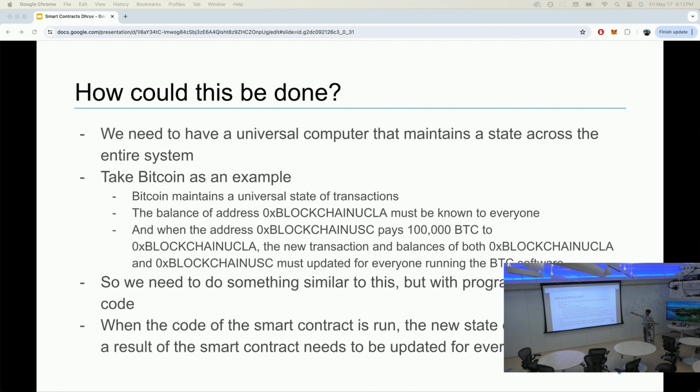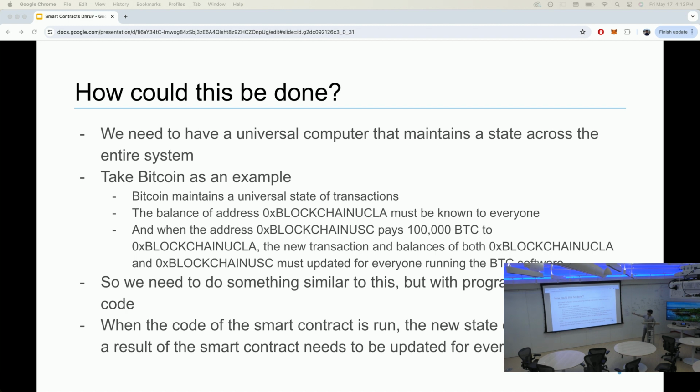In the example of Bitcoin, how much money Blockchain at UCLA has in this account must be known to everyone, right? Because when the Blockchain at UCLA address wants to pay someone, everyone else must know that Blockchain at UCLA has enough money to carry out that payment. Similarly, if Blockchain at USC pays Blockchain at UCLA, the new transaction and the updated values must be updated for everyone to see, everyone that's running this Bitcoin software, right?